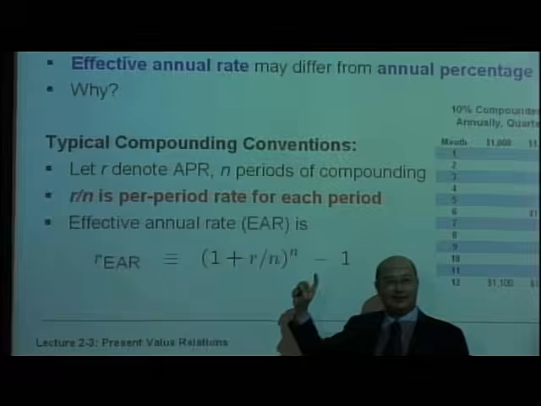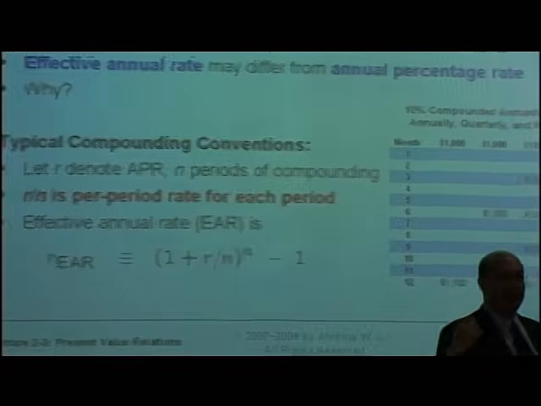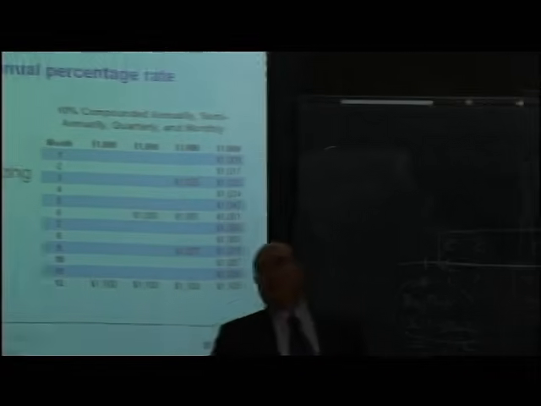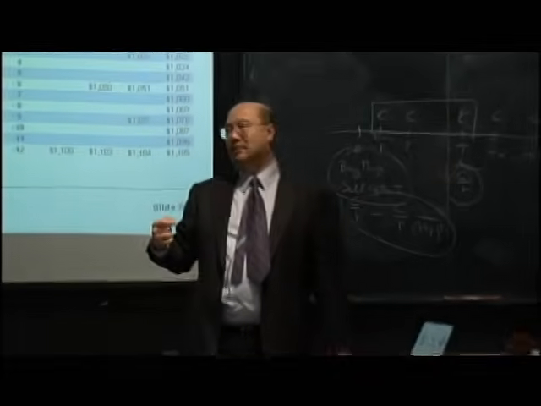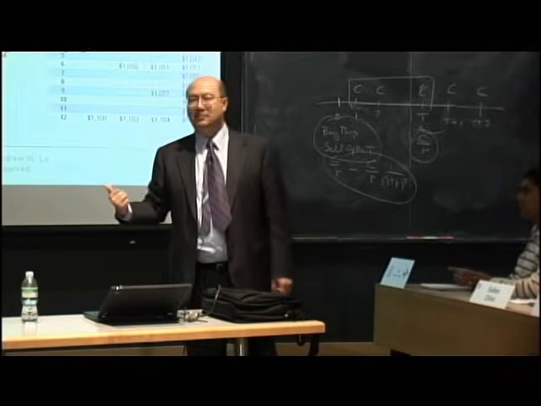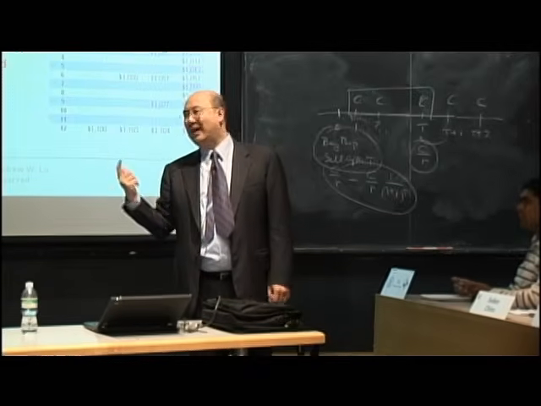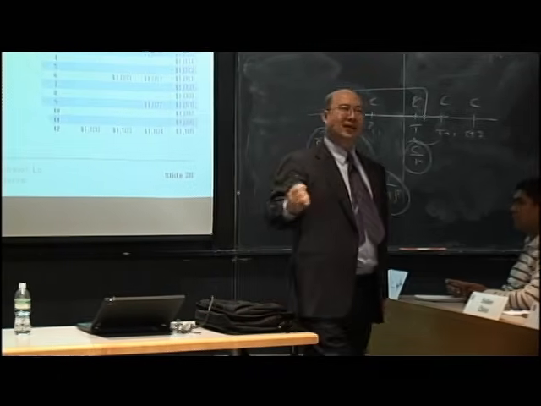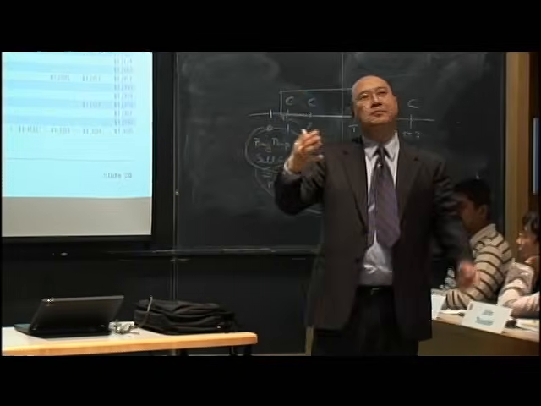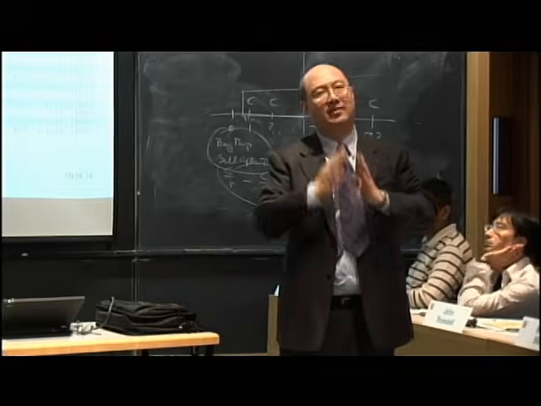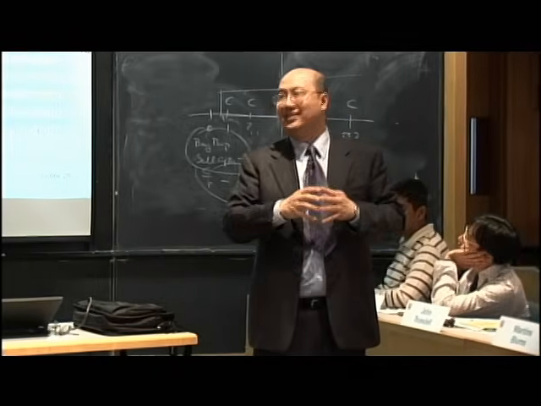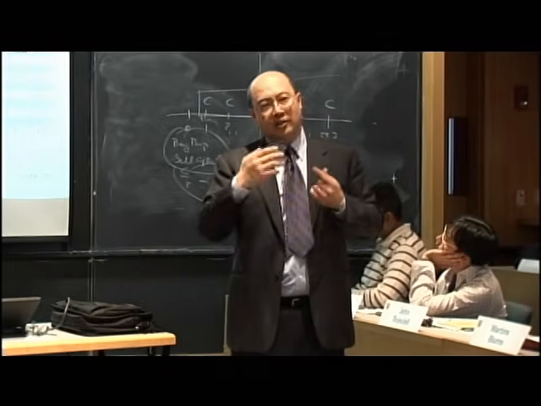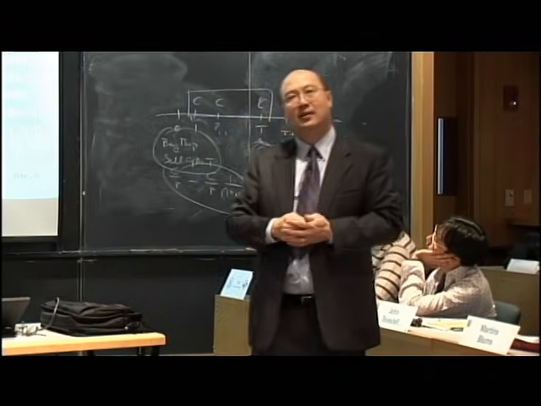What would your effective annual rate be if you compounded not every day, not every hour, not every minute, not every femtosecond, but literally every possible time slice, the narrowest time slice you can think of, if you did it continuously, if n were to go to infinity, what would you get?